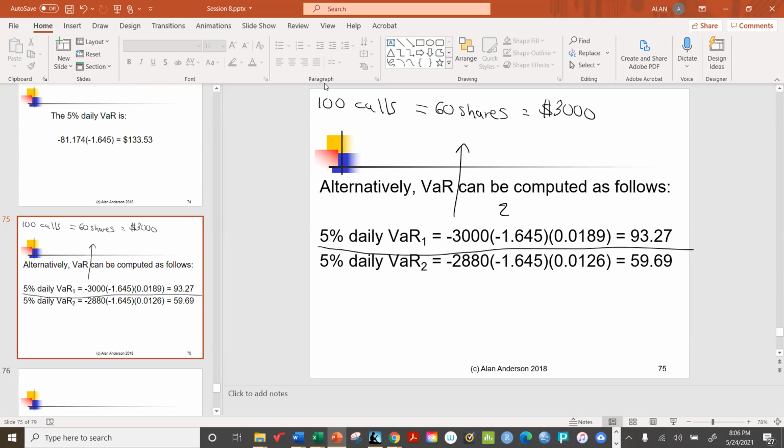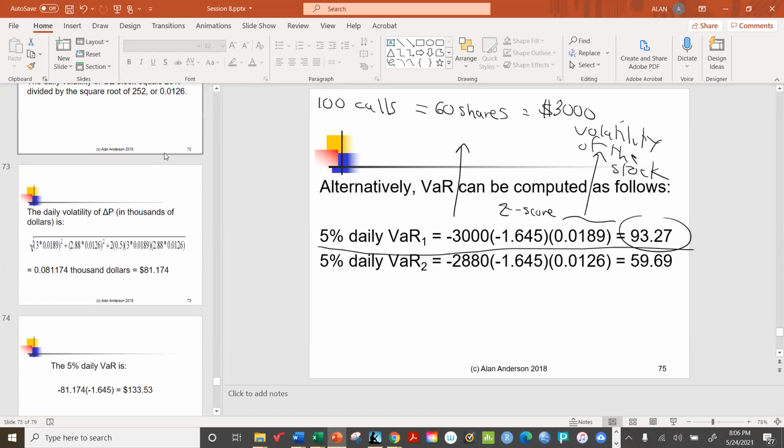This is the Z-score, of course, that goes with 5% VAR. This is the volatility of the stock that the options are written on. And so for that portfolio, we have a VAR of $93.27.